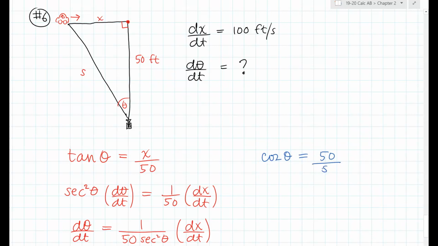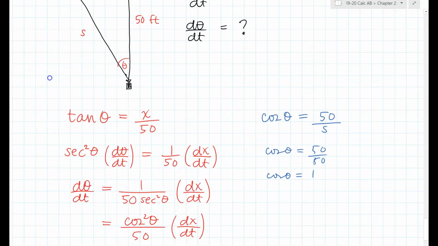You guys agree? Well, when the car is closest, what is s? 50. So that's going to give me a 1.